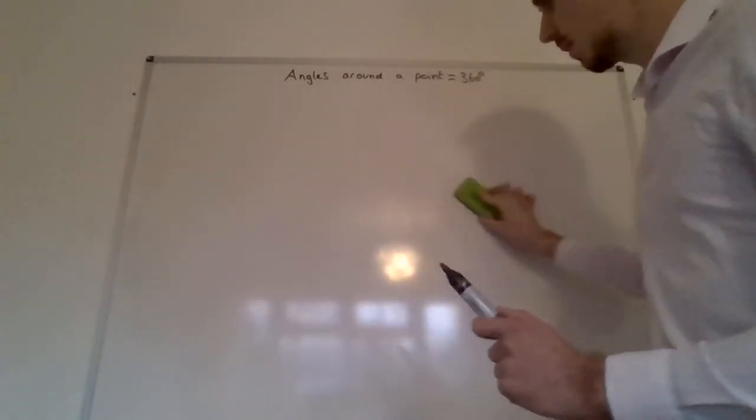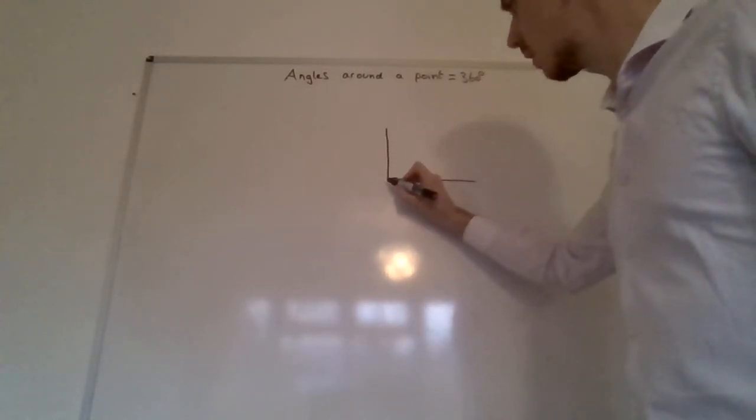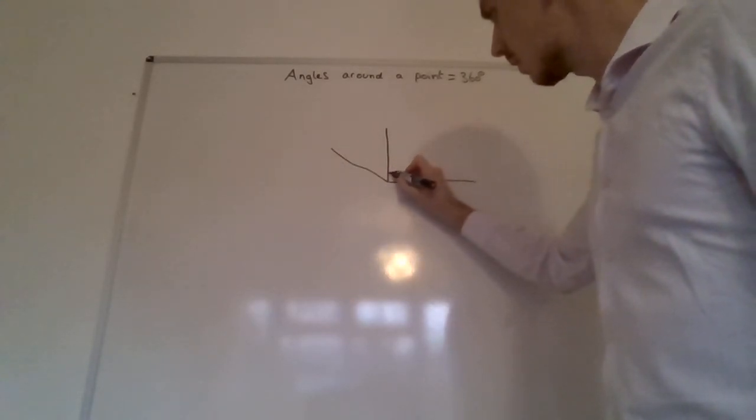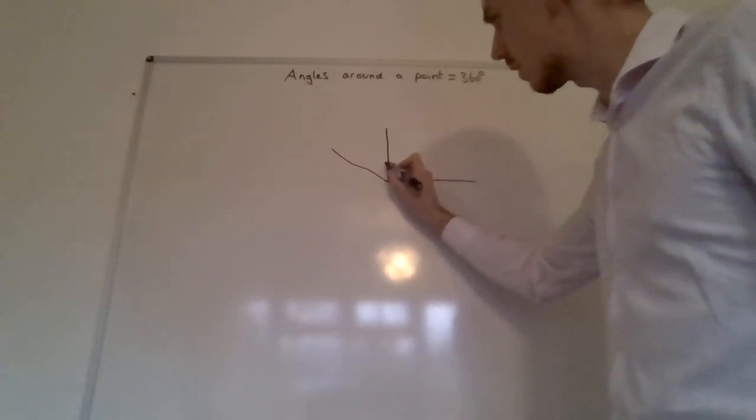But we also might have one more type of style question, which is a little bit harder, but I don't think it's too bad. We might have something that looks a bit like this, where we've just got something here that looks like a little box in the corner.